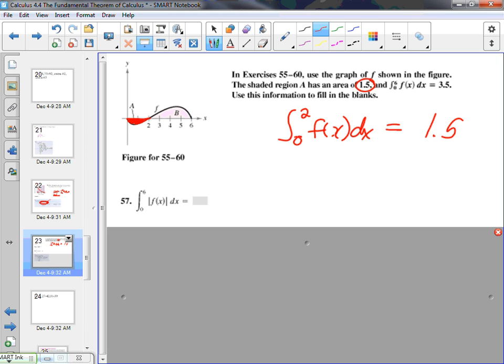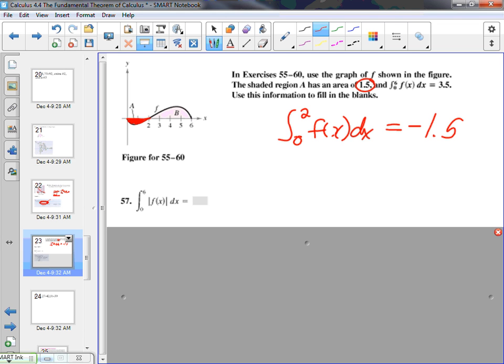Or would it equal negative 1.5? So the area is 1.5. The signed area, which is what the definite integral really is, has to be negative 1.5, since we can see graphically that the entire region is below the x-axis. Does that make sense?